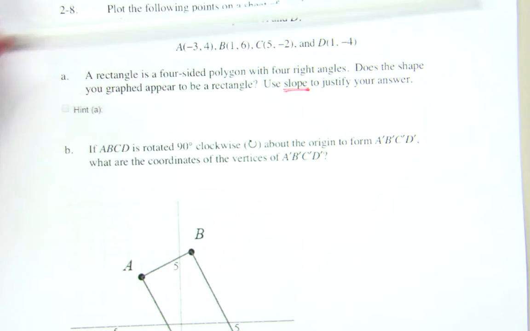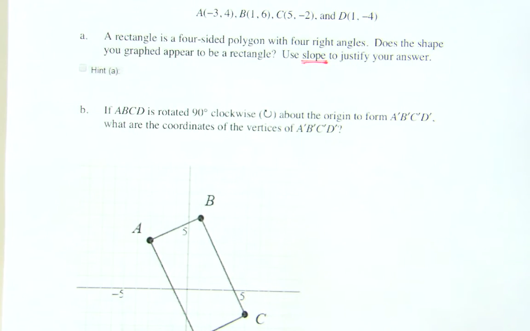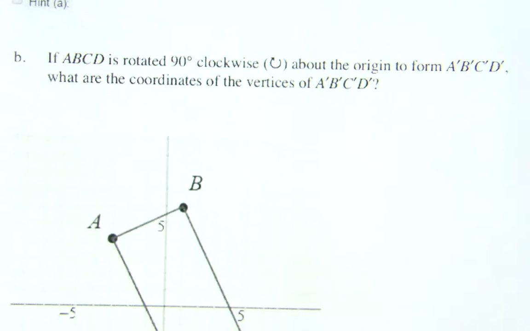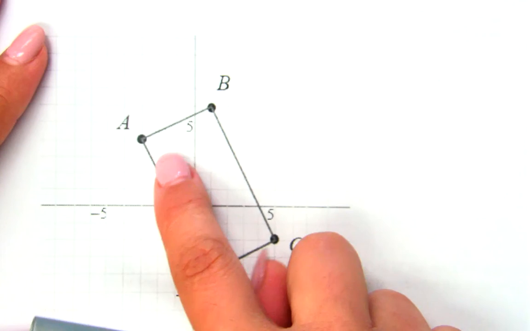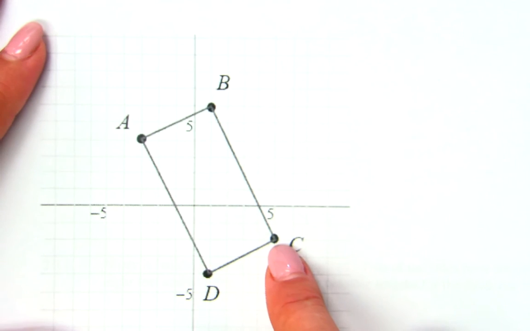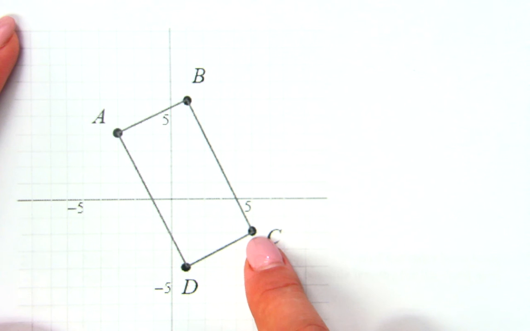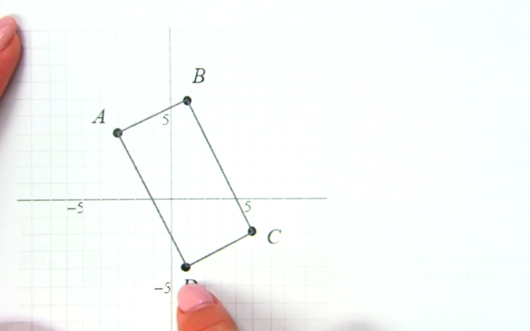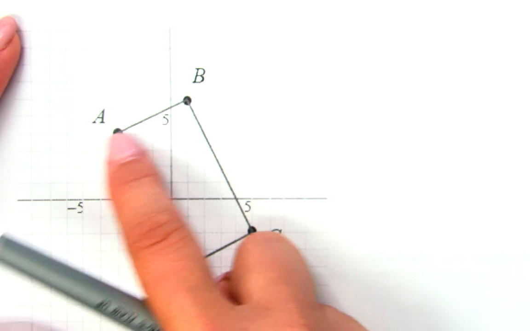And that's what we need to show in this case. So we need to show that segment AB is perpendicular to segment BC by showing the slopes for both, and then segment CD is perpendicular to segment AD, and then the same thing for segment AD perpendicular to AB.